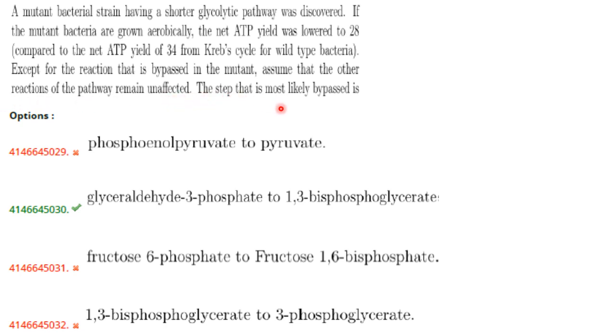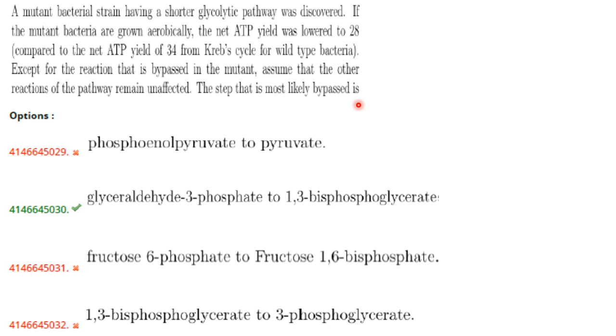The step that is most likely bypassed is. So you have got a mutant bacteria with a shorter glycolytic pathway and it yields 28 ATP molecules compared to 34 from Krebs cycle for wild type bacteria. So which reaction was affected? Now there is a loss of 6 ATP molecules, 34 minus 28.